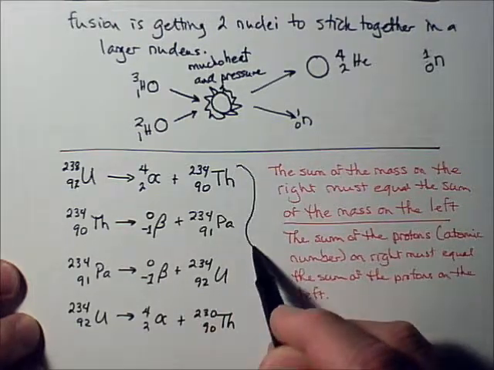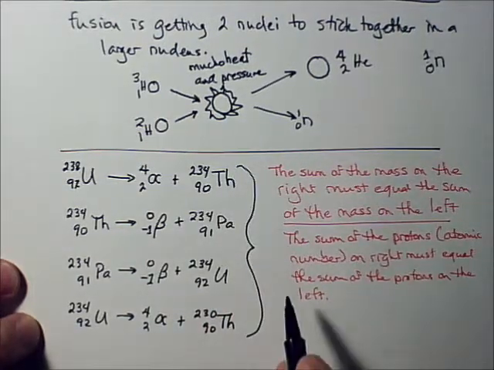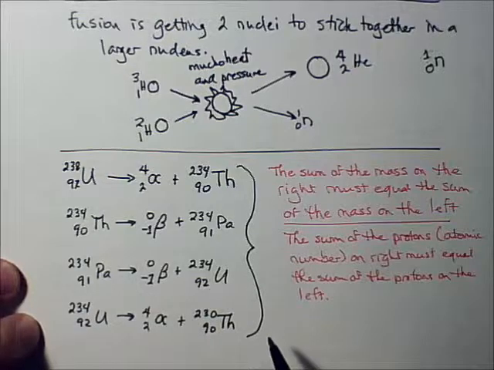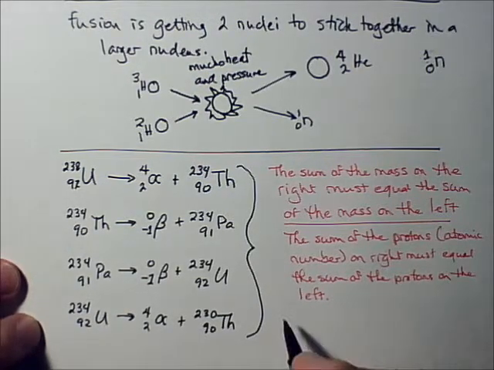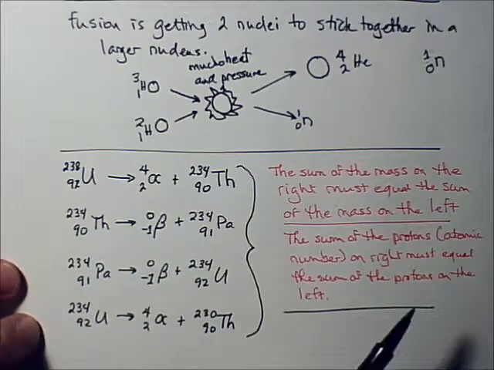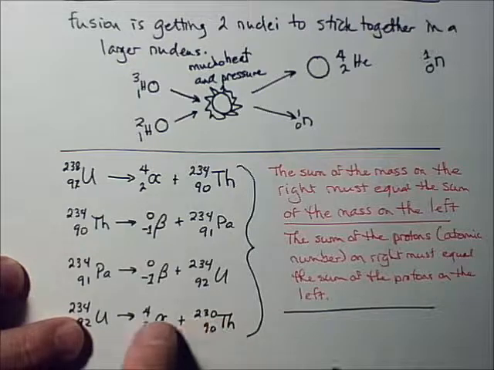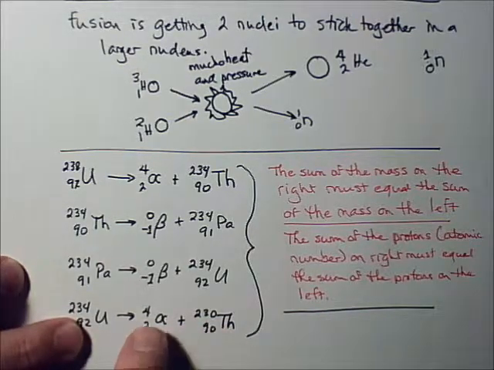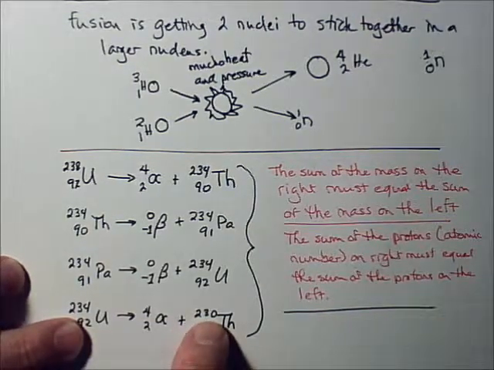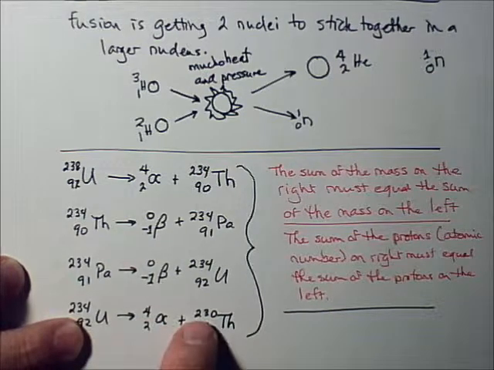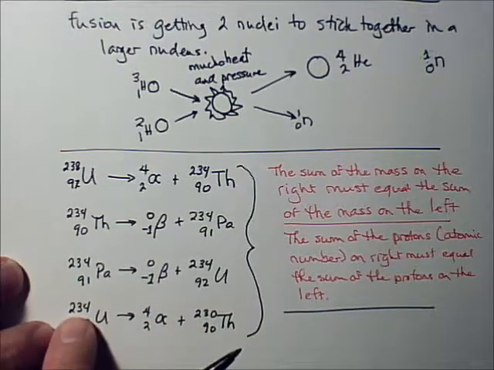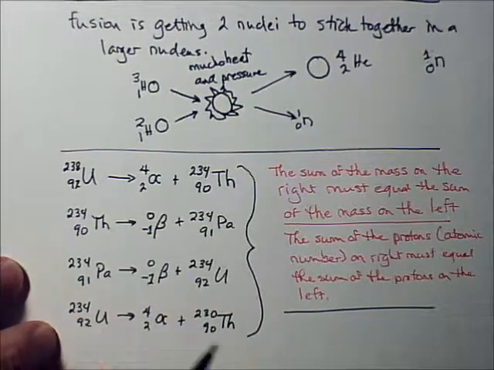All of these are types of nuclear equations. 234 on this side has to equal the sum of everything across the top. So if we have an alpha decay, then this must be 230, so the sum 4 and 230 equals 234.